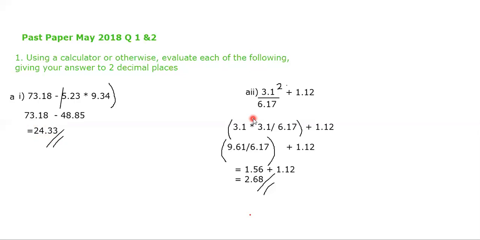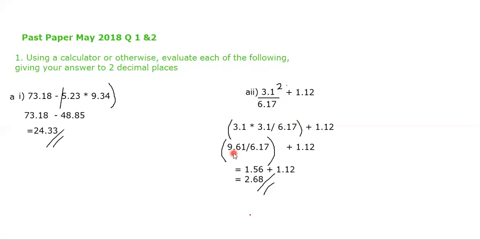And recapping through part 1A2, right? 3.1 squared over 6.17 plus 1.12, right? So if you notice, what I did, I worked out the squared equation first. So normally when you see squared or cube is when you have the 3 up top here, right?